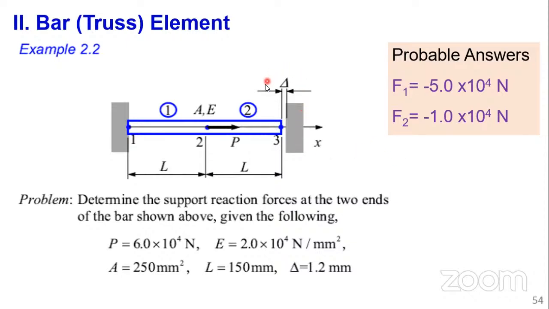The only trick being introduced here is to determine this, but I have already given you a hint. Use what you know from your theory to determine the elongation for this bar member, whether it will exceed 1.2, so that you can say a contact will be established. Try that, and then we see next time what the solution is.